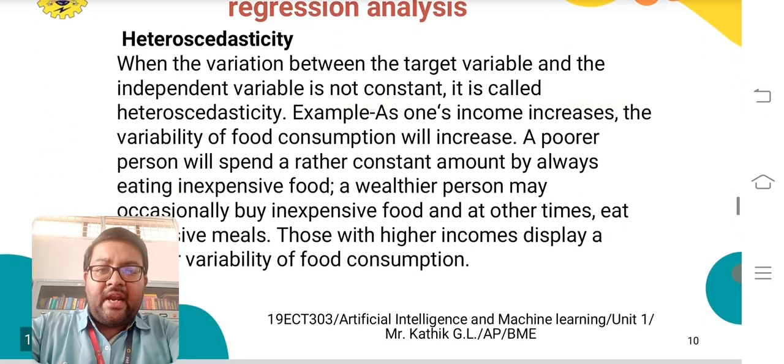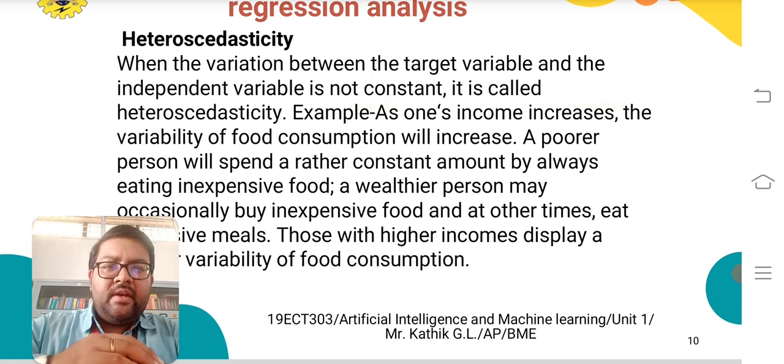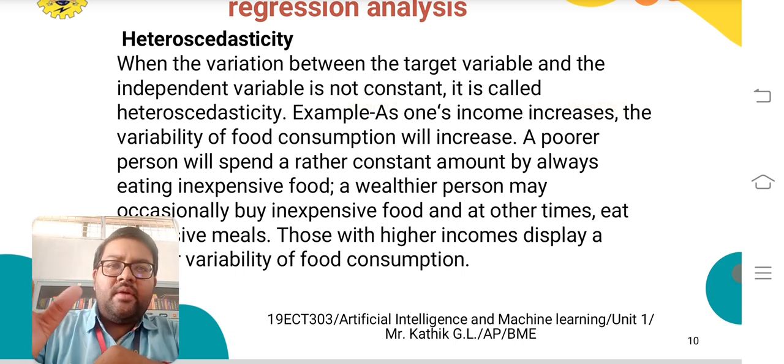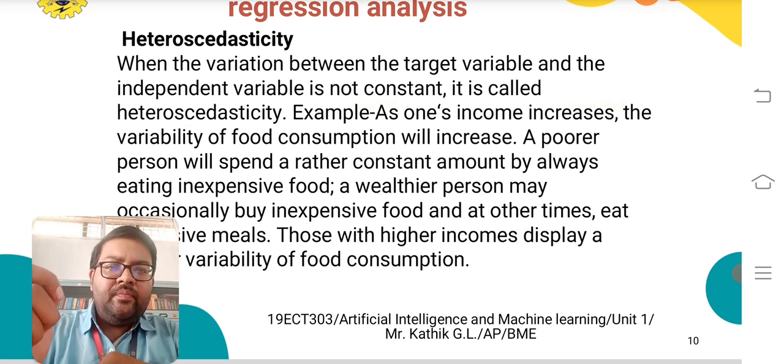And heteroscedasticity. When the variation between the target variable and the independent variable is not constant, it is called heteroscedasticity. For example, as one's income increases, the variability of food consumption will increase.